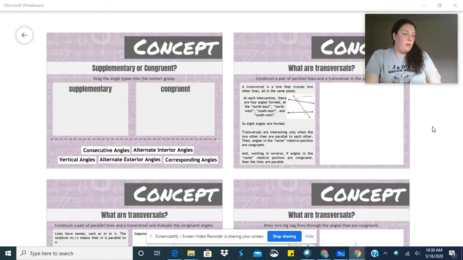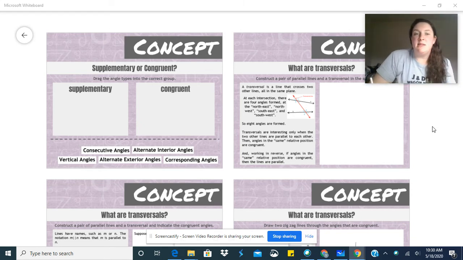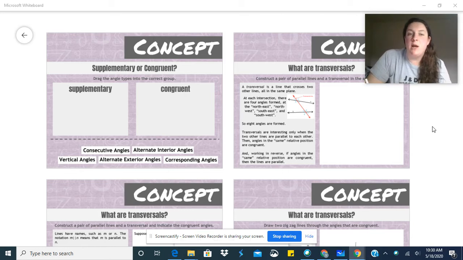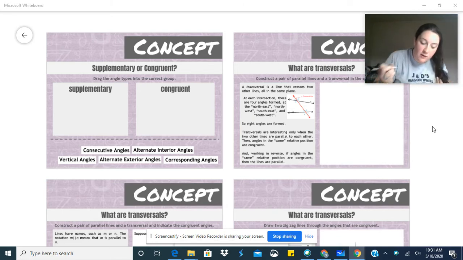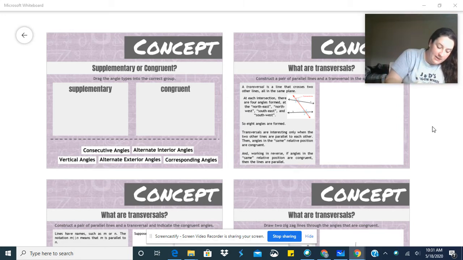So basically, where we're at is the slide saying concept, supplementary, or congruent. On your slide, you are going to drag and drop your little squares at the bottom into the proper side of the table. So for supplementary, out of all of the angles that are supplementary, the only one that is going to be in supplementary would be your consecutive angles.